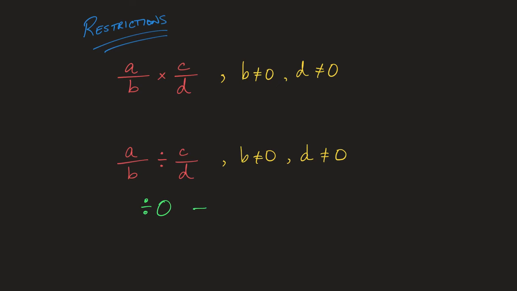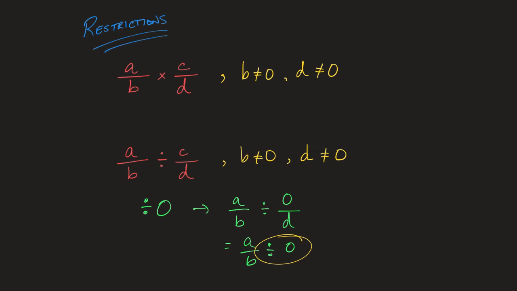And I want you to notice that if that second fraction, the C value, equaled 0, well then 0 divided by anything, by D, gives me 0. And I want you to notice that's our troublesome issue.